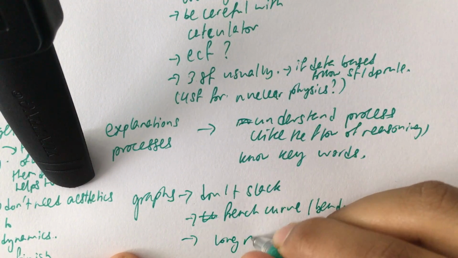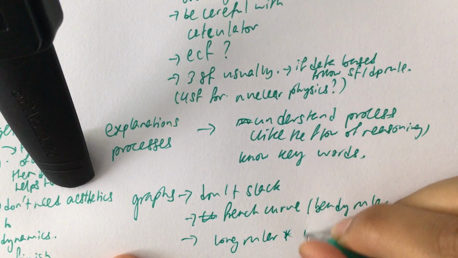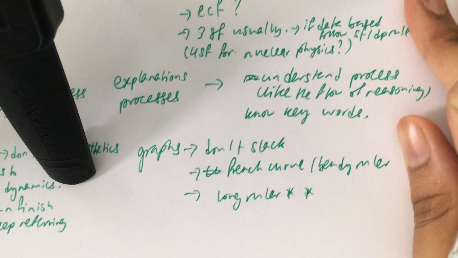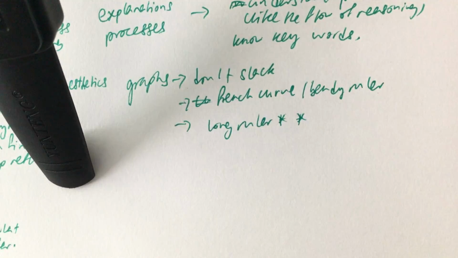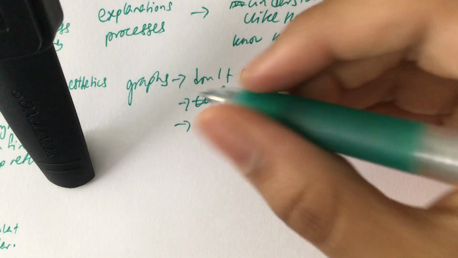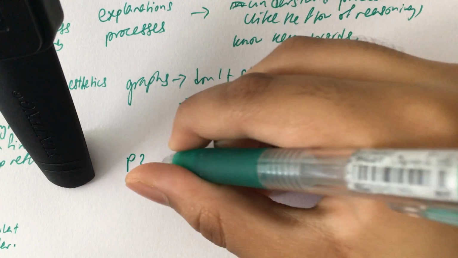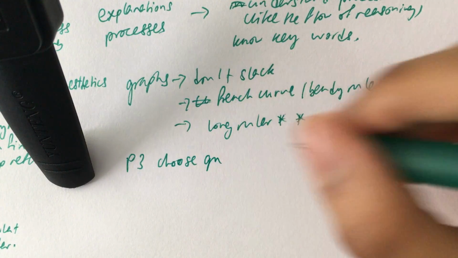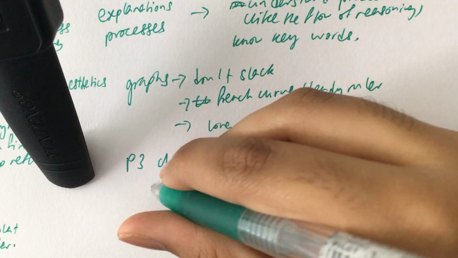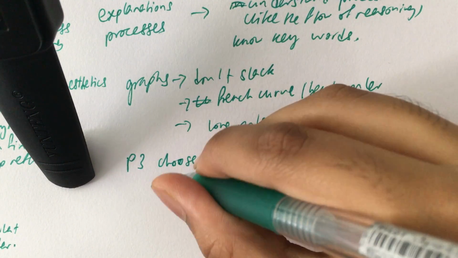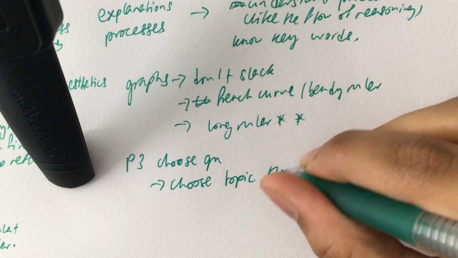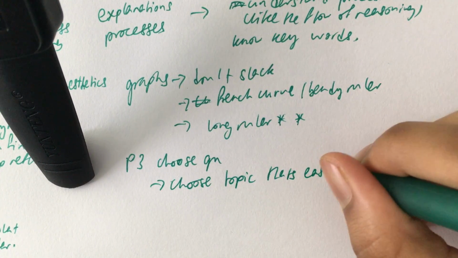Apart from this, for paper 3, when you have two questions, you can choose between them. Well, this isn't exactly chemistry, so I don't really have something to say on how you should choose your question. You can just go with the first question if you don't know how to choose, or you can choose a question in which the topic or the question itself seems a bit easier.